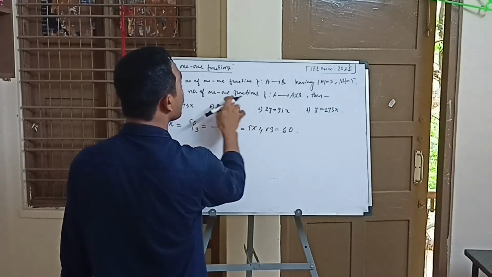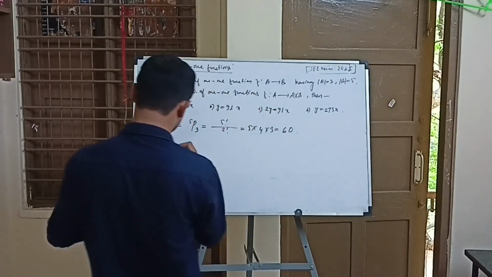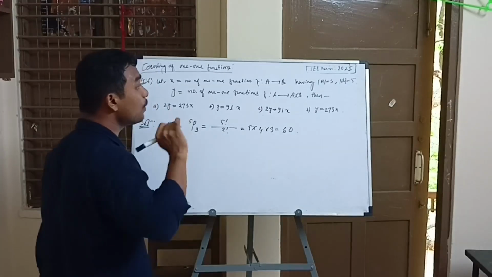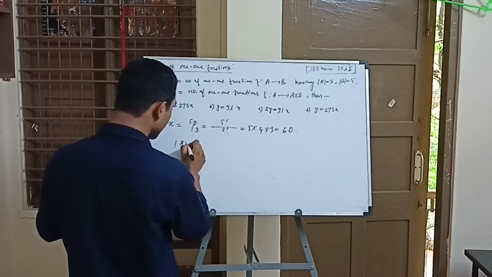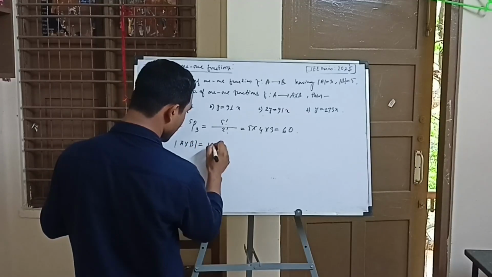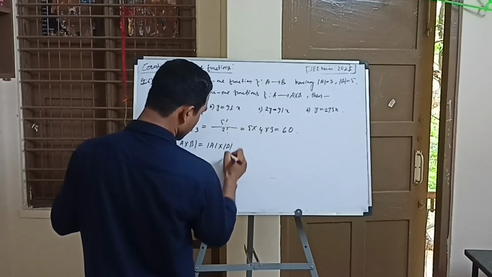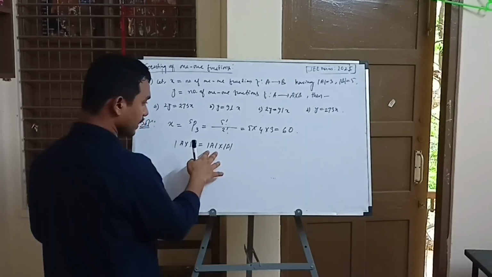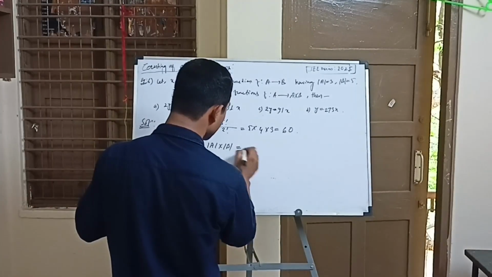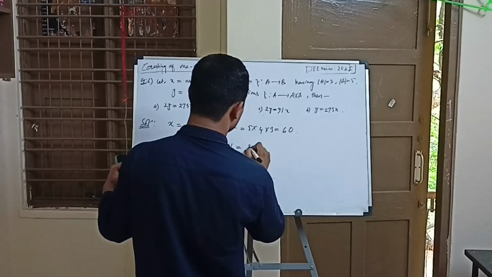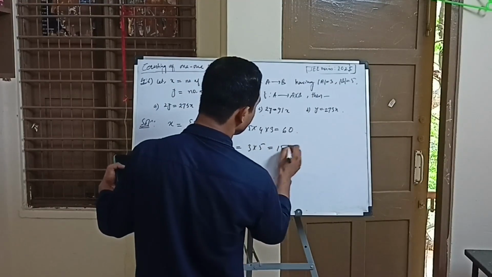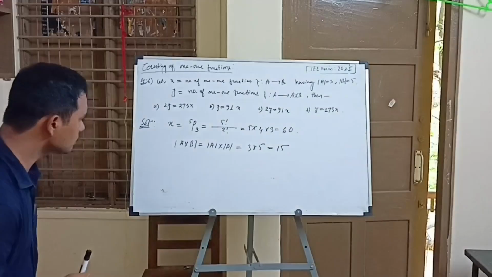Y is the number of one-one functions from A to A cross B. We need to find the cardinality of A cross B. A cross B has the number of elements of A times the number of elements of B. 3 into 5, 15 elements are there.